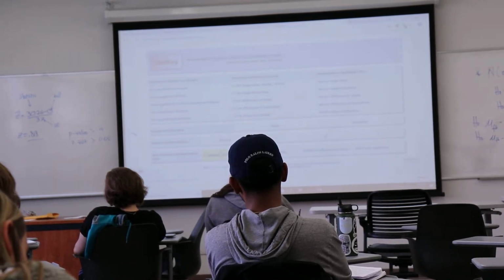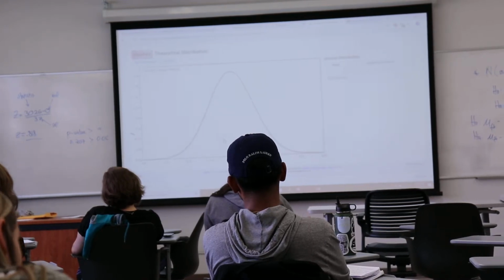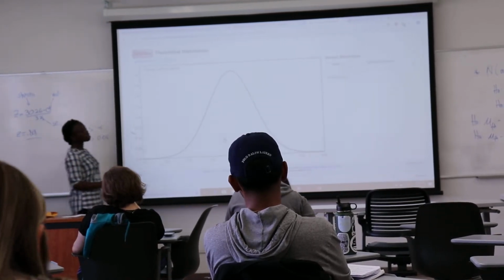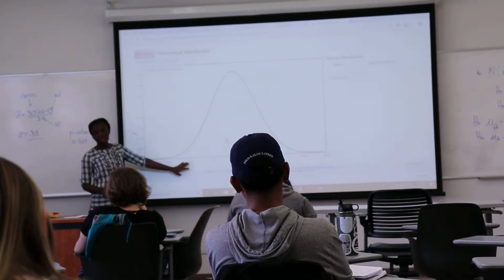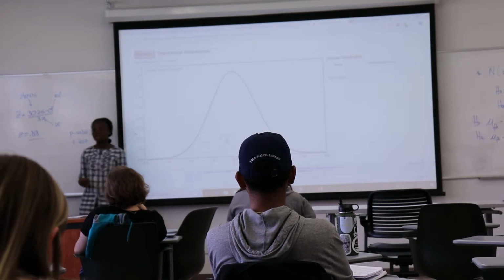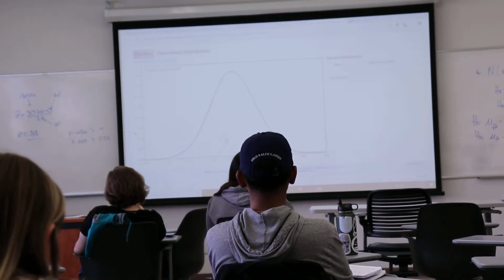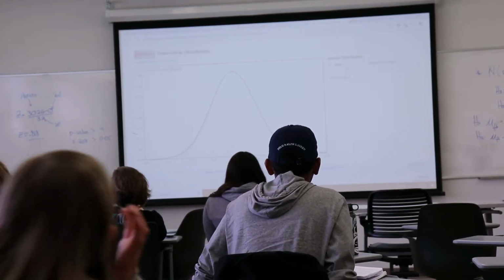So in this case, we click on the normal. So when we click on that, we get the normal distribution. Now, depending on the type of test you are conducting, whether it's a left tail, a two tail, or a right tail, you click on it. So let's say we have the example we're doing.